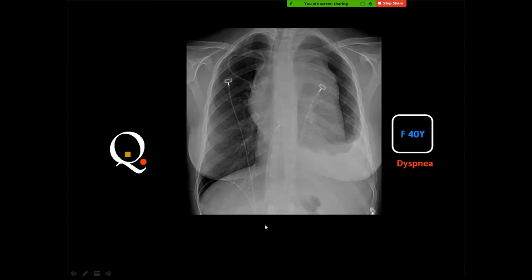Pulmonary edema. The lung is clear, but this mass is a mediastinal mass. And the mediastinal mass, which is central in location, then you may think of aortic aneurysm, retrosternal goiter. Okay.